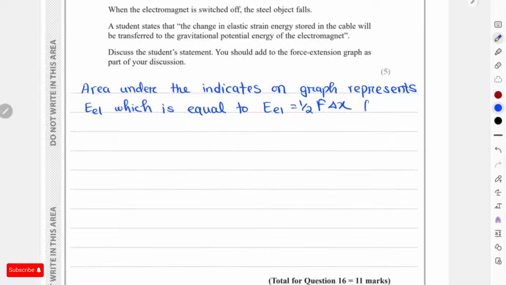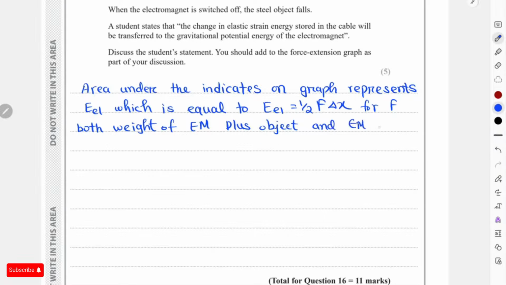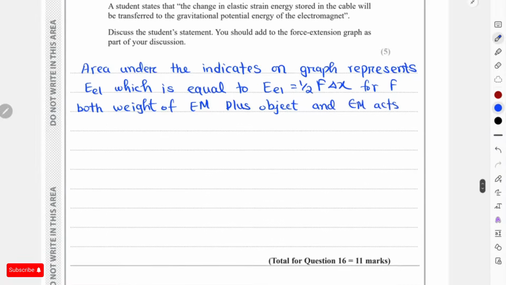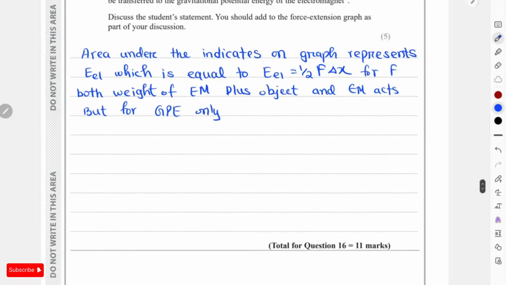So you can write that for F, the weight of the electromagnet and object act, but for GPE, only the weight of your electromagnet is going to work. We can just write weight of electromagnet, okay?